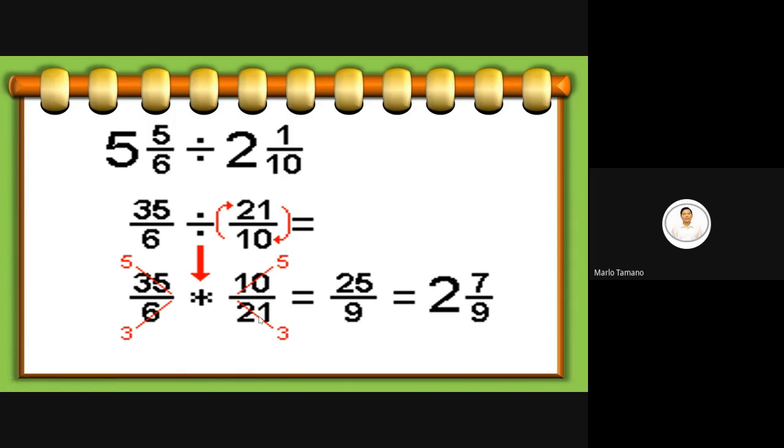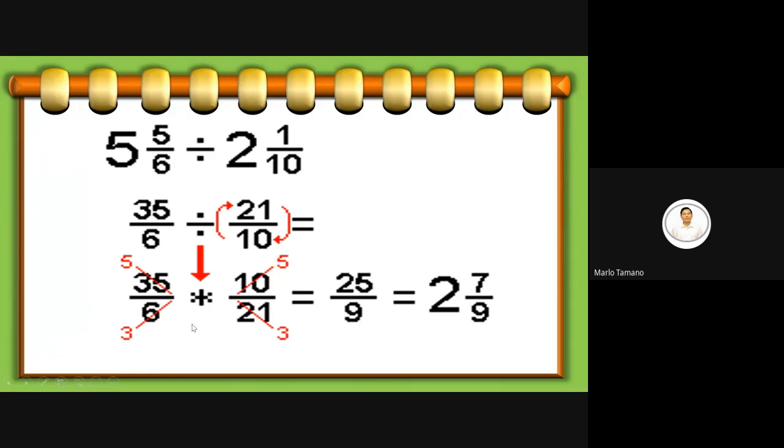So pansinin niyo po, pwedeng cancellation dito para hindi na kayo mag-multiply ng numerators ng pagkalaki-laki. 35 times 10, that is 350 already. Samantala kapag ginawa natin cancellation po, 25 na lang. So 5 times 5 is 25.